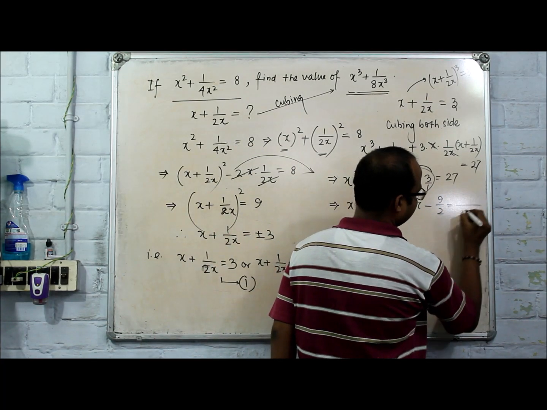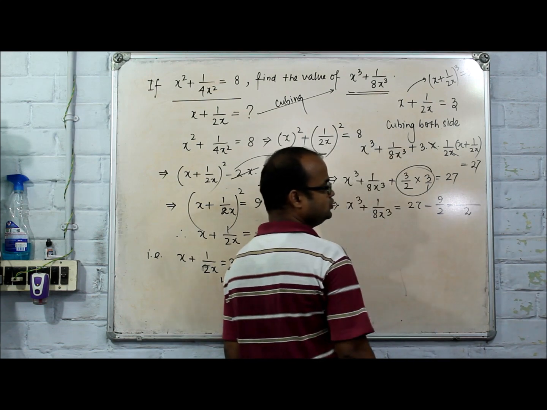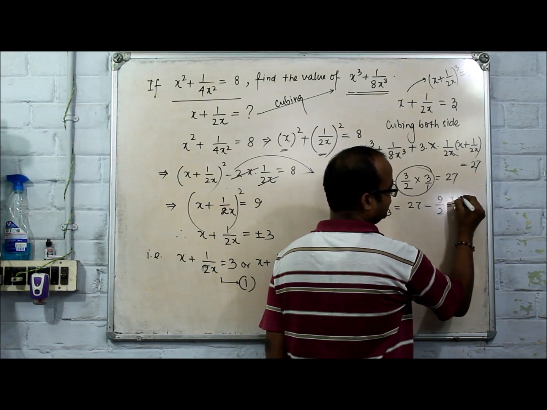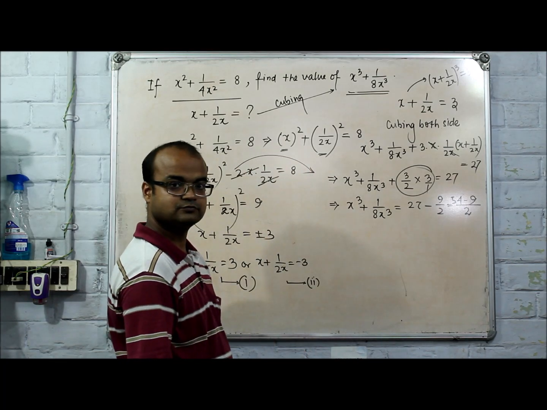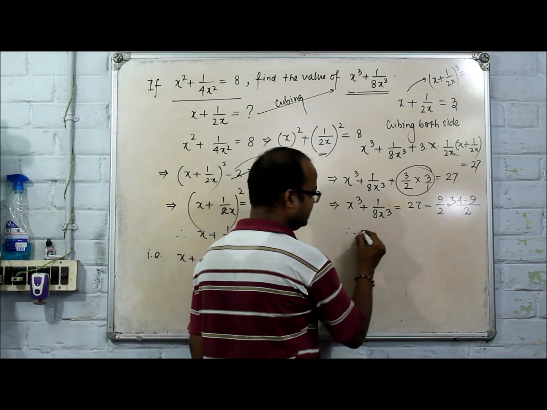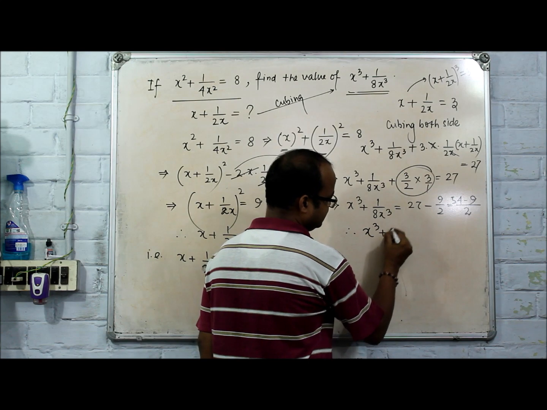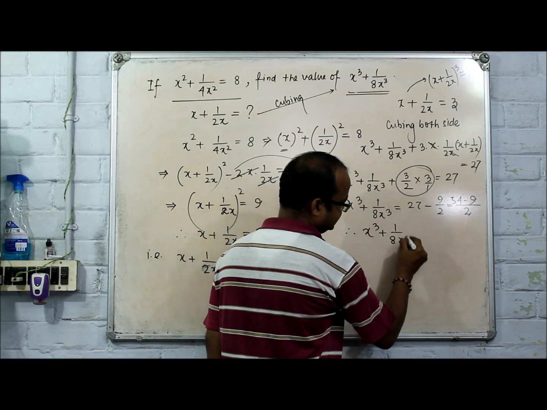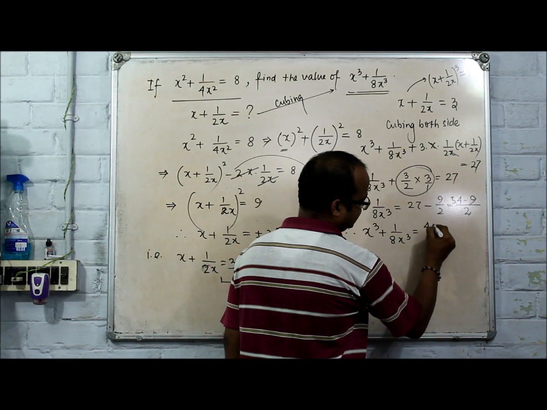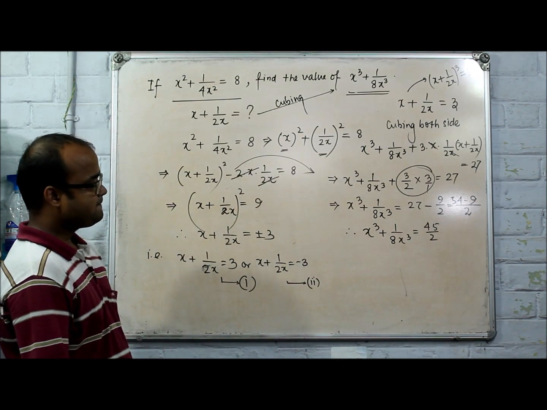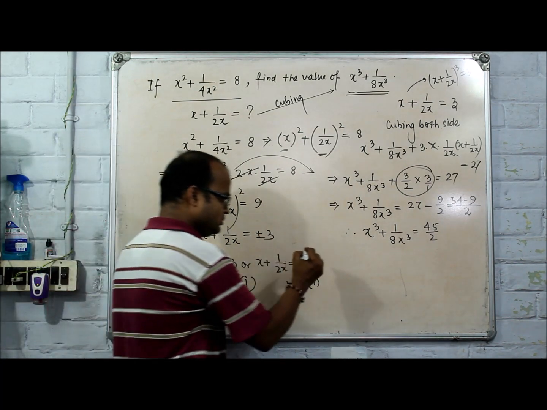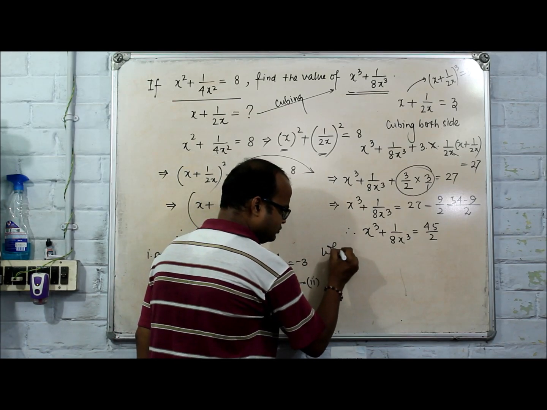If you simplify, the LCM will be 2, 54 minus 9. Therefore, x cube plus 1 by 8x cube is equal to 45 by 2. Clear?